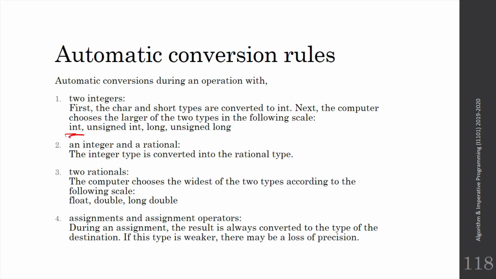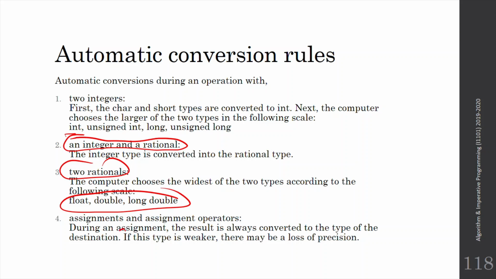If we have an integer and a real type in the expression, we will usually take the real type. If we have 2 real types, we will take the biggest one, knowing that long double is bigger than double and double is bigger than float. For the assignment operator, the result is always converted into the type of the destination.